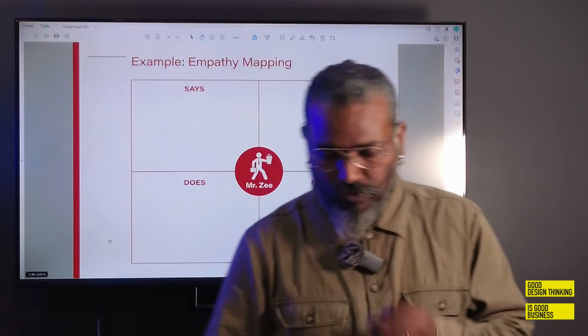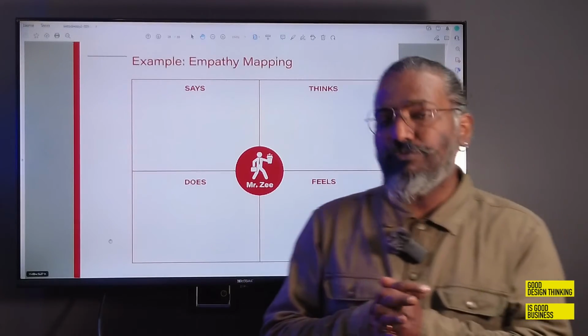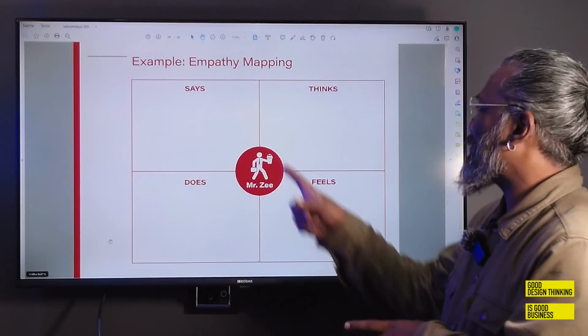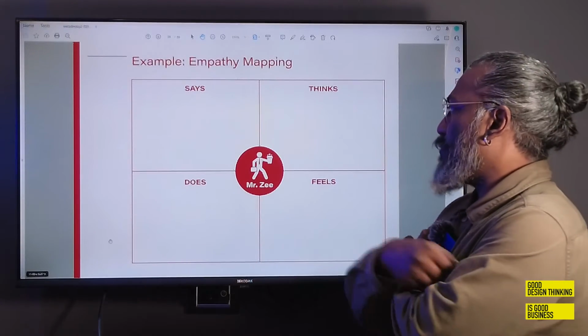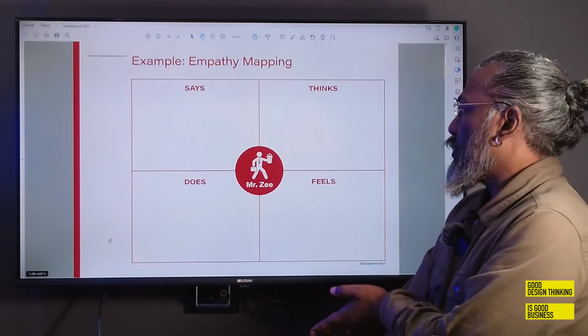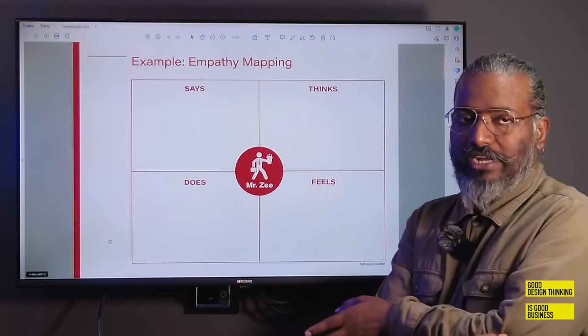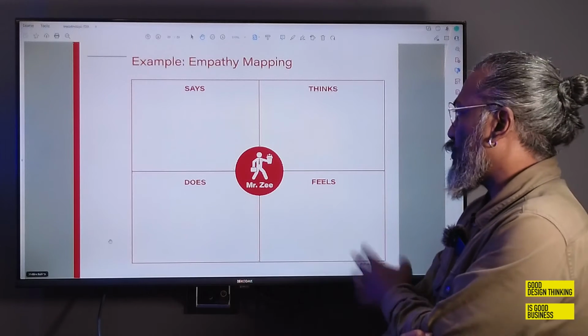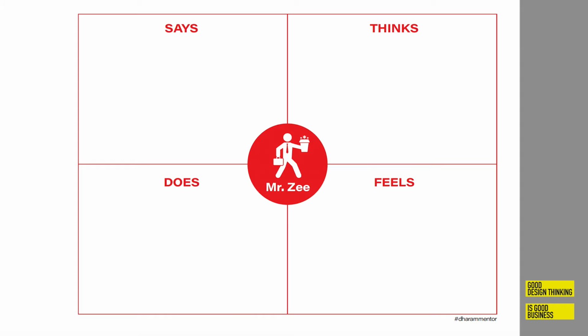So now if you see, there are 4 components in your empathy mapping, okay? All the data you get, you try to segregate or cluster in these 4 quadrants: say, think, do, feel.